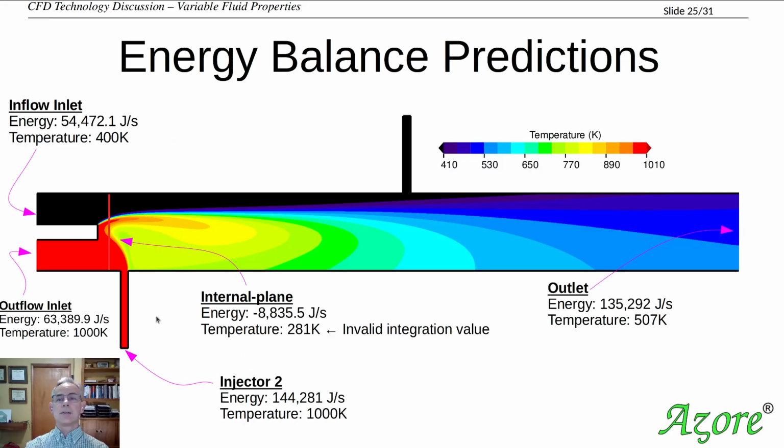Let's look at the energy balance predictions here. We have the same amount of energy coming in here, but you'll notice that the energy going across this plane is actually going in the opposite direction.